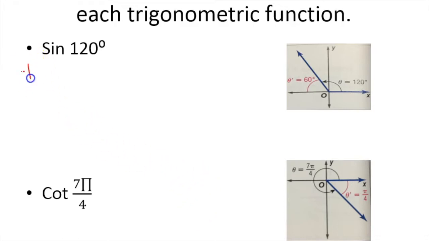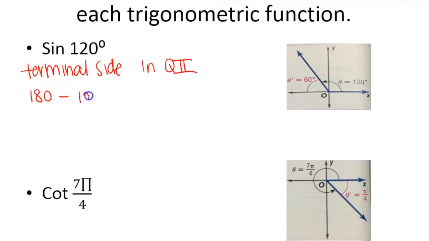The terminal side of that angle is in quadrant 2, as we can see by this picture over here. To find that reference angle, it's actually already written in the picture as well, but if it weren't, we would take 180 minus 120, which gives us 60.